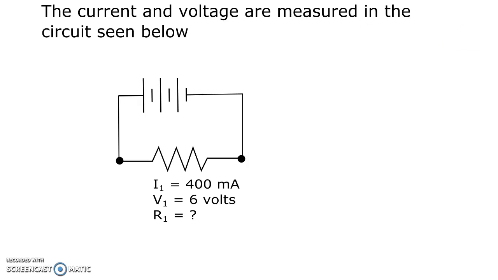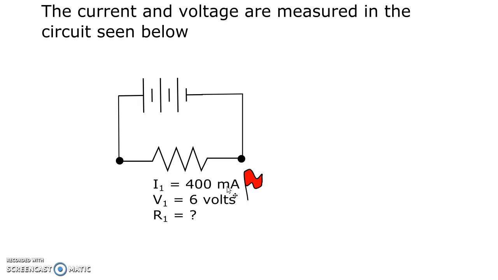One of the first things I like to do when I start any problem is look at the units that I'm starting with. I see milliamps here, I have volts here. This is what I would refer to as a red flag situation. Why exactly a red flag? Well, if you notice right here, we have milliamps. Basically, I want to make sure that all of my units are in basic units.